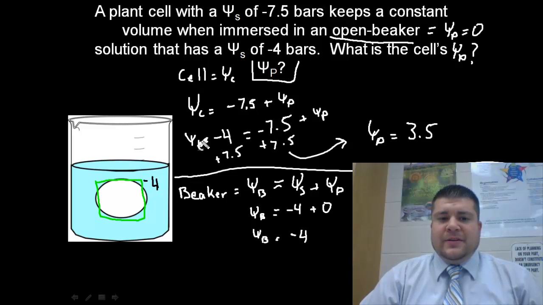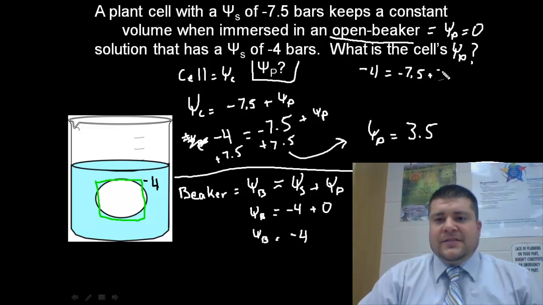Since this is already out, we already know what the total psi is. So how do I know that I'm correct? Well, if I put this equation together, it's going to be negative 4 equaling negative 7.5 plus 3.5.